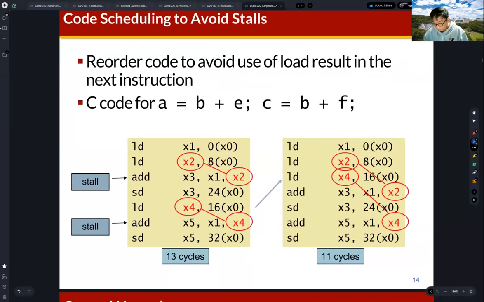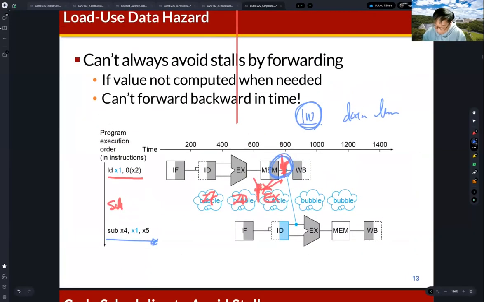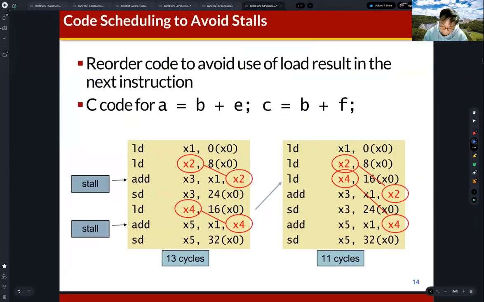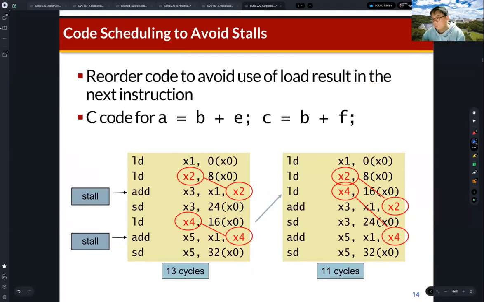So we can observe data hazard if the former instruction is the load instruction, like load word x1 and add x1. Okay. But we can apply some compiler optimization in order to avoid data hazard caused by load instruction.